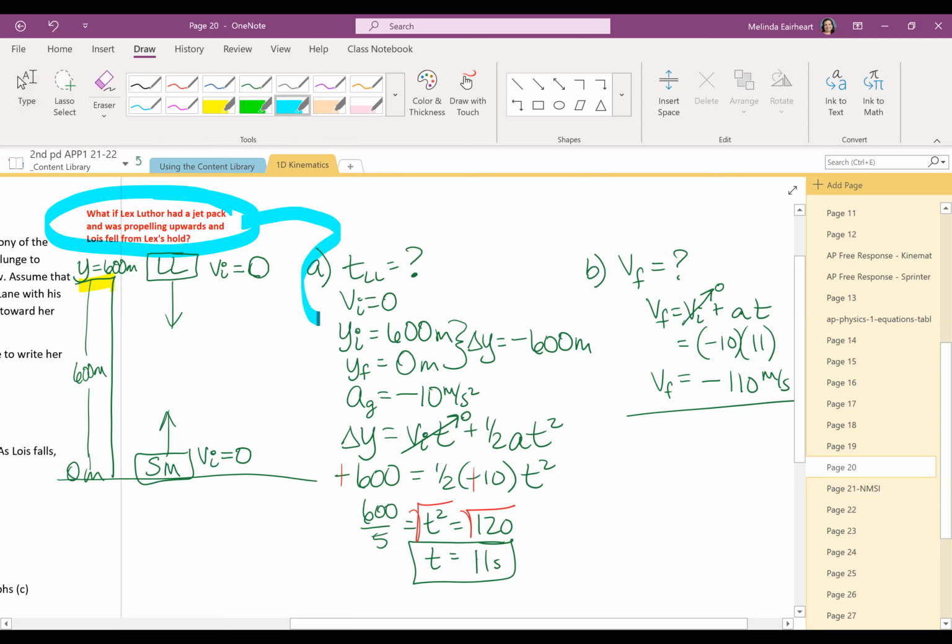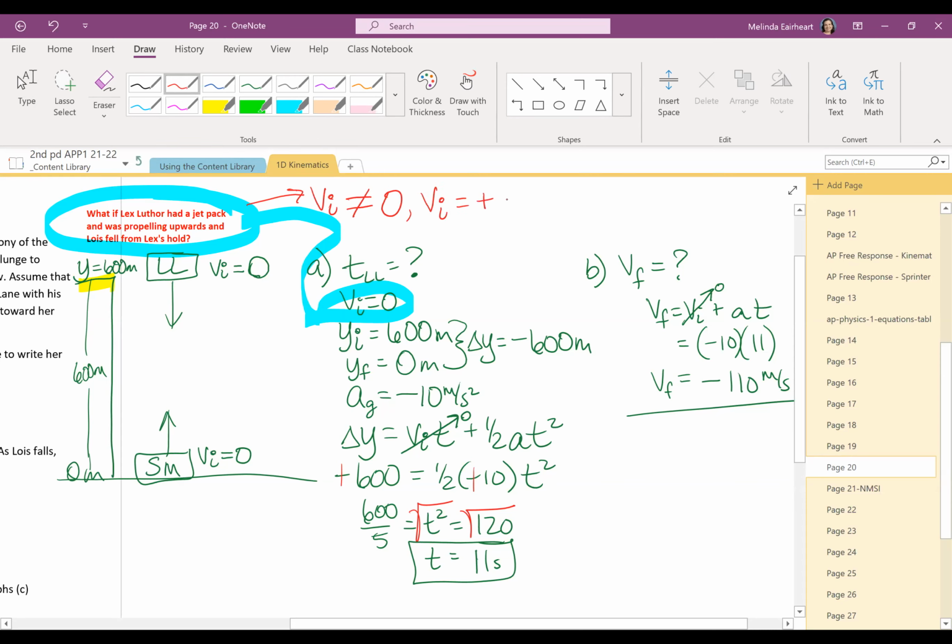So what would be different if Lex Luthor didn't drop Lois? She was with him, they jetpacked up, her initial velocity would no longer be 0. So Vi would not equal 0. What would it equal?